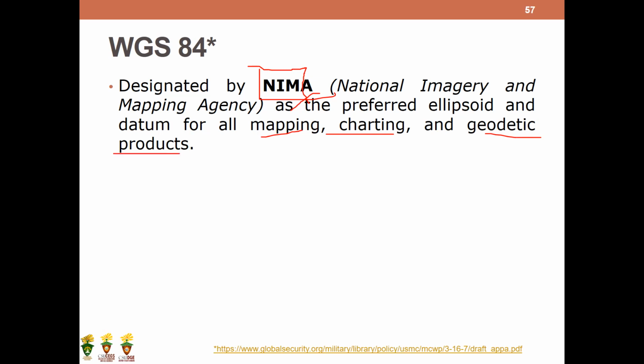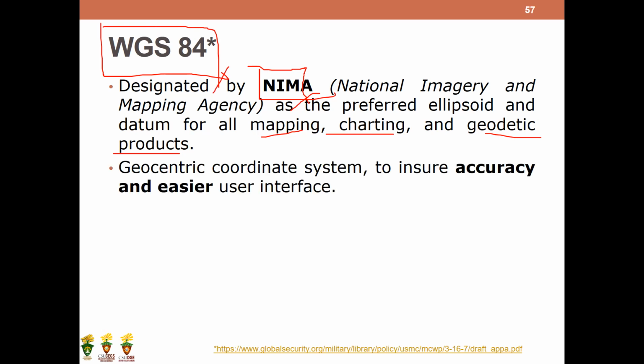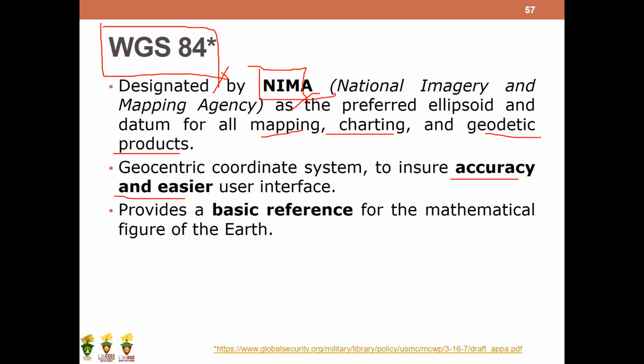It is used worldwide since it is geocentered. WGS84 is a geocentric coordinate system to ensure accuracy and an easier user interface. The WGS84 provides a basic reference for all the mathematical figures of the Earth.